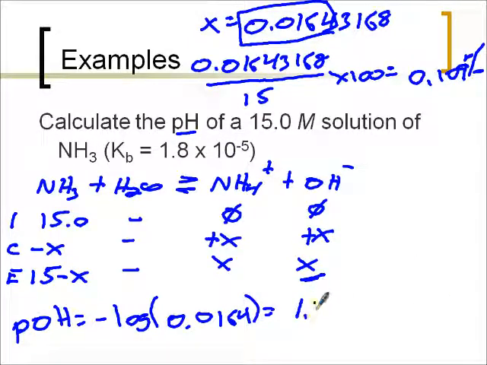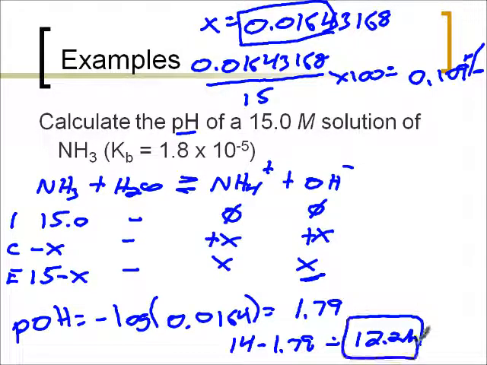But that's pOH. So I have to subtract 14 minus 1.79, and I'm going to get 12.21, and that's going to be my answer, 12.21. Oops, a little messy. That will be my example of calculating pH of a weak base.